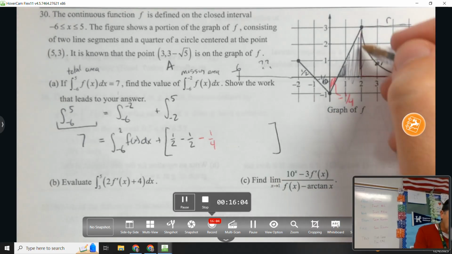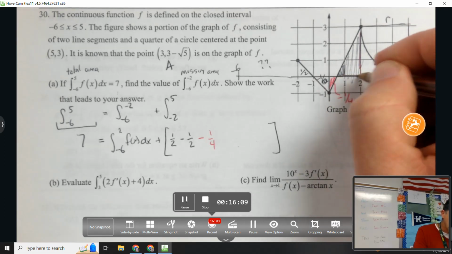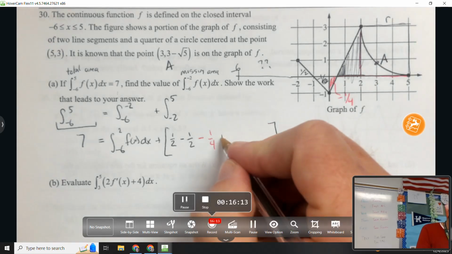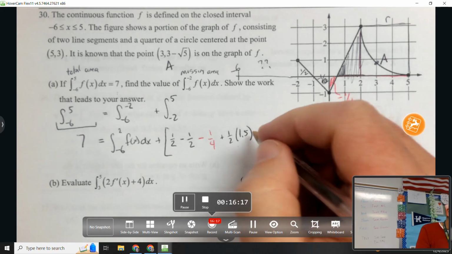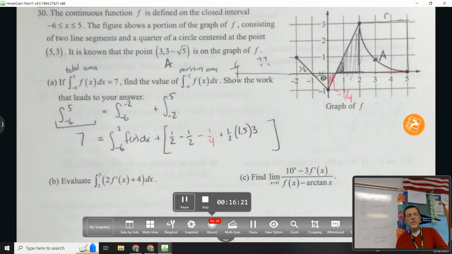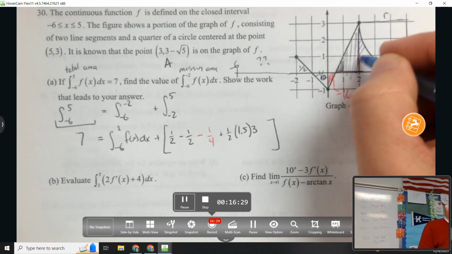And then this triangle, that base is kind of a pain there. It's 1.5. So 1/2, 1.5 times a height of 3. Gonna have a big time safe stop thing going on here. And then I need this area.